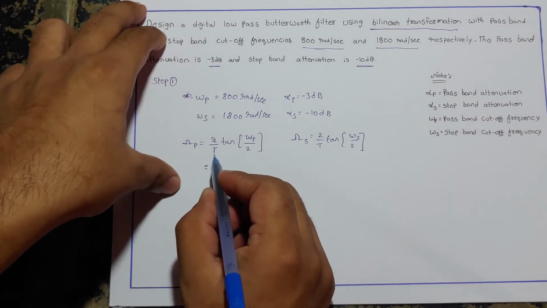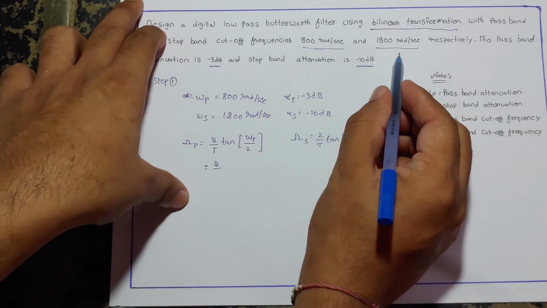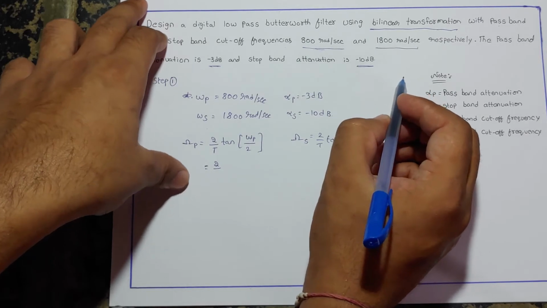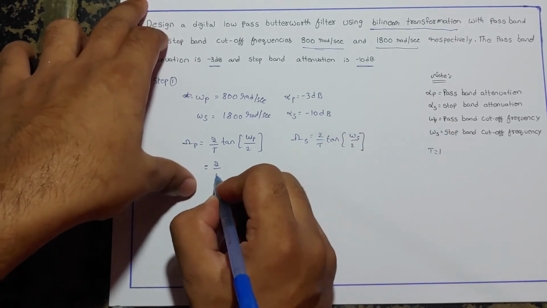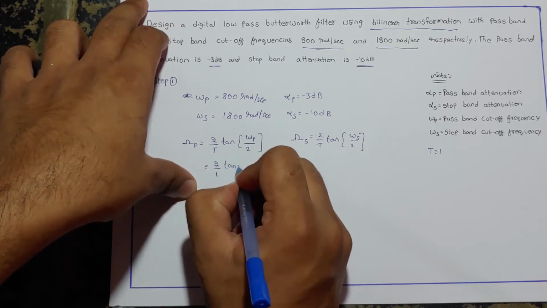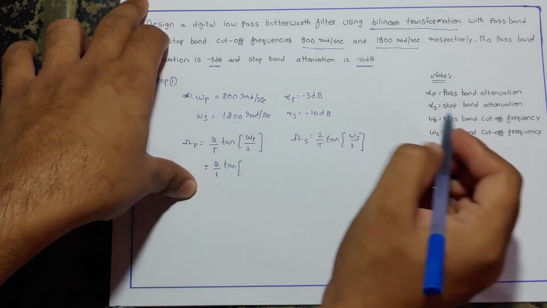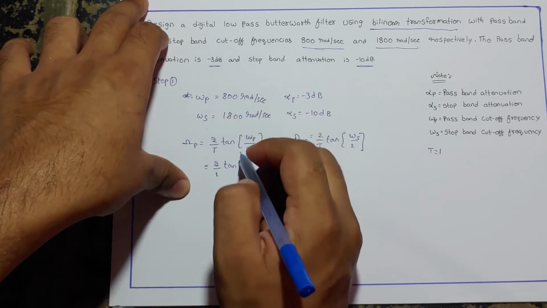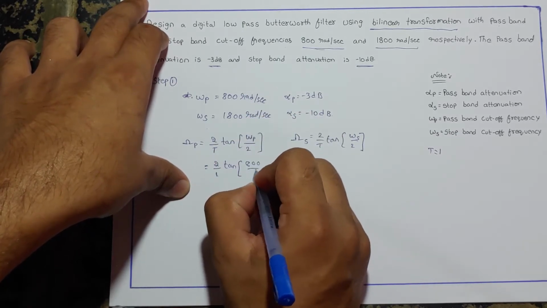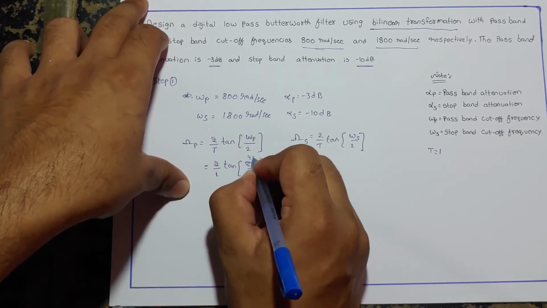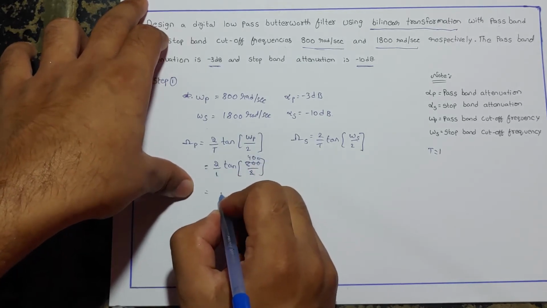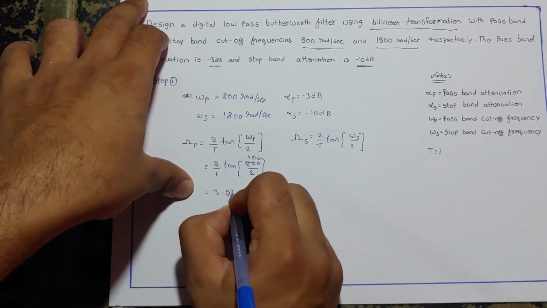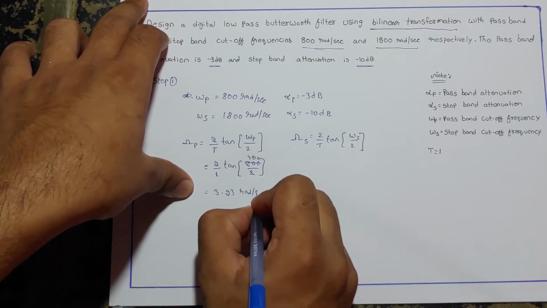2 by T. Here T is not given. In default cases we can assume that T is equal to 1. So 2 by 1 tan. Here it is given that passband frequency omega p is equal to 800, which by 2 is 400, so 2 times tan 400, which is equal to 3.23 radians per second.